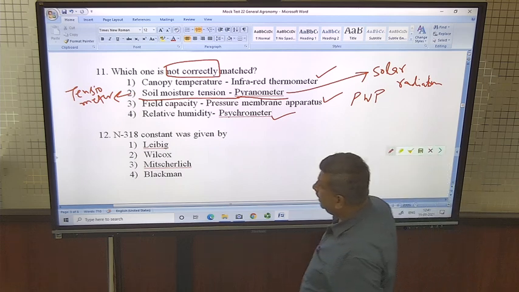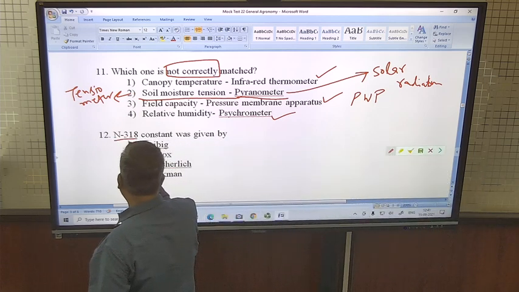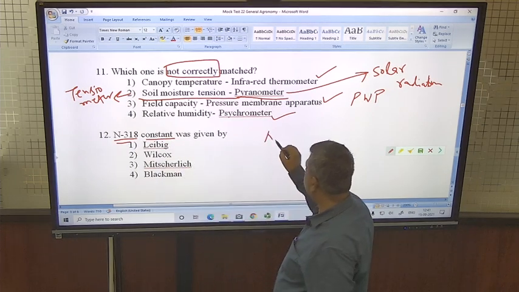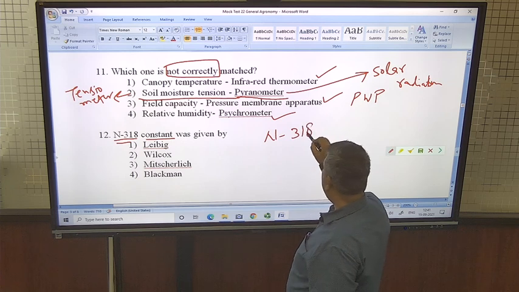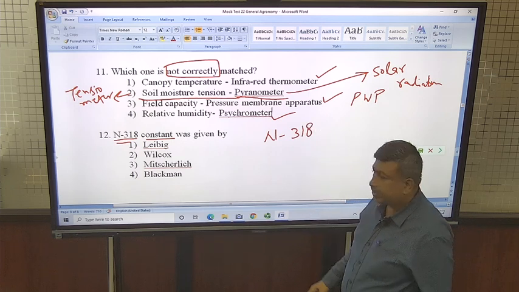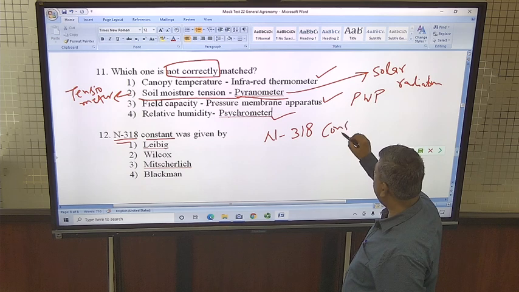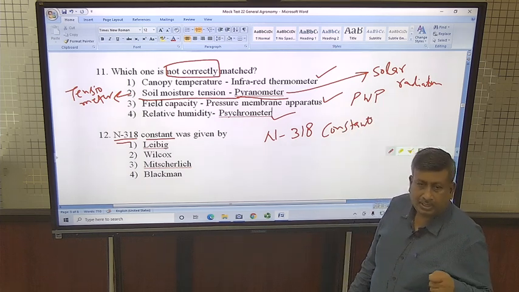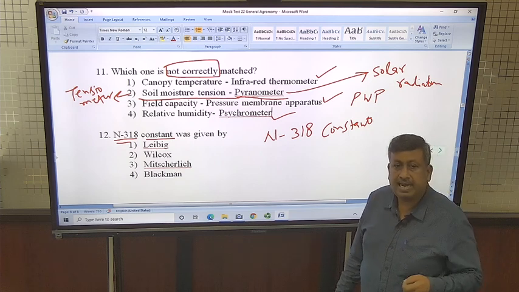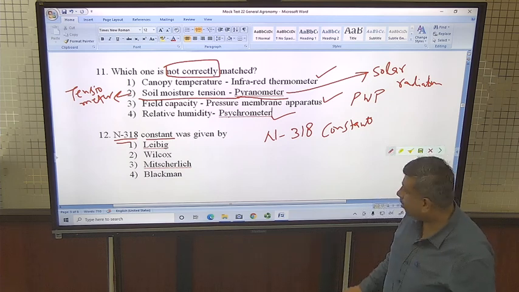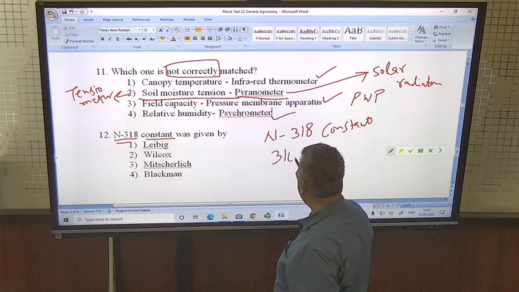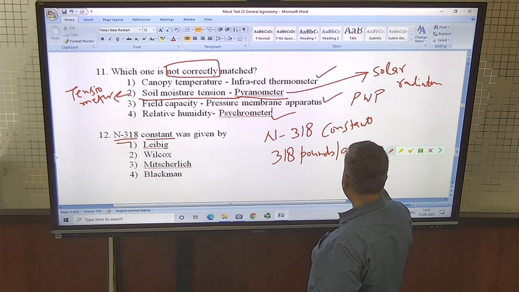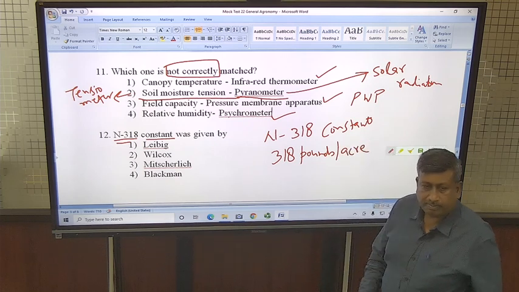Another question: the N318 constant was given by whom? First know what N318 is. It is a constant, meaning the value is fixed. This constant says that any crop in its life cycle absorbs 318 pounds of nitrogen per acre if it is allowed to grow with full potential.